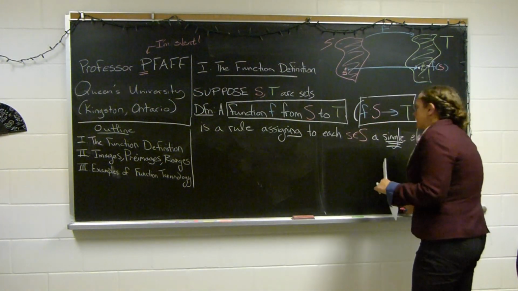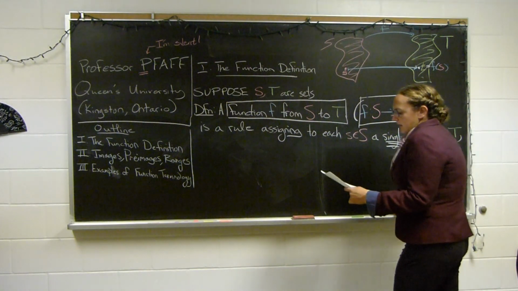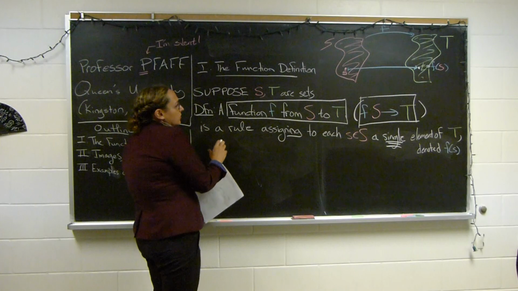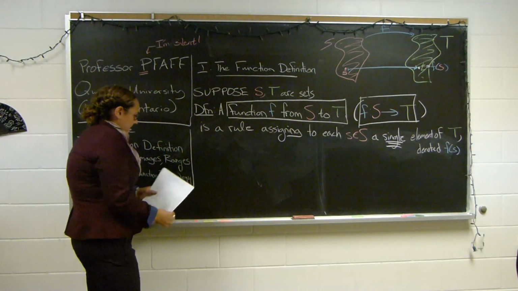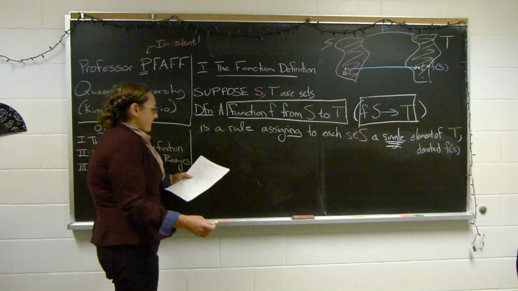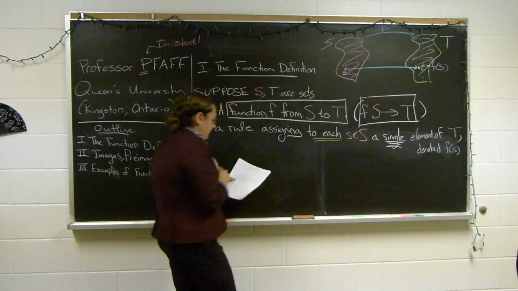Okay, so let's kind of focus in. As you're getting used to higher mathematics, it's good to get used to looking at all of the details in a definition. So there's a lot of details in this definition, so let's focus in on them for a moment. Okay, so there's a "to each," right?